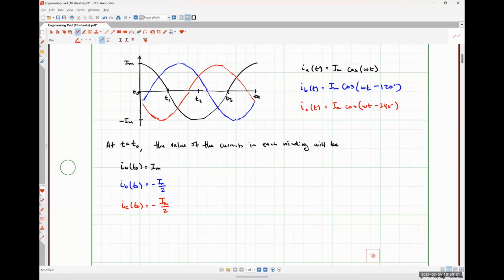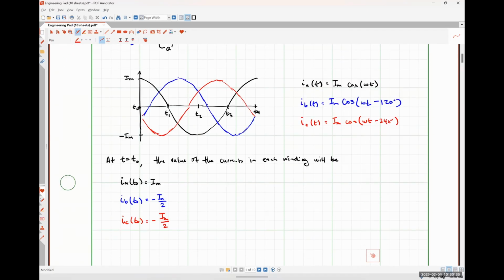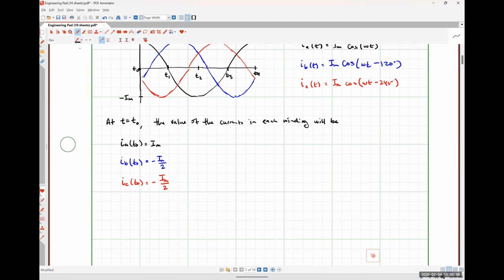So if I were to draw my stator, and actually, no, I'll draw it because you guys will get even more pissed off if I copy and paste and you guys don't get to. I can. So I'm trying to just redraw my stator winding here.